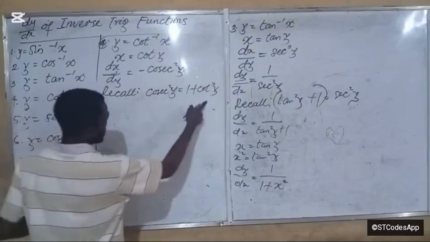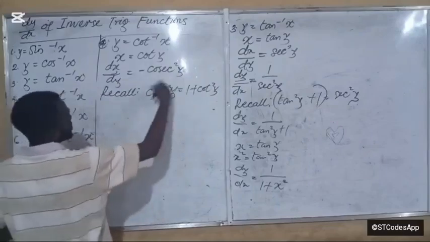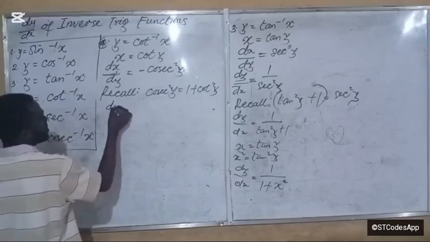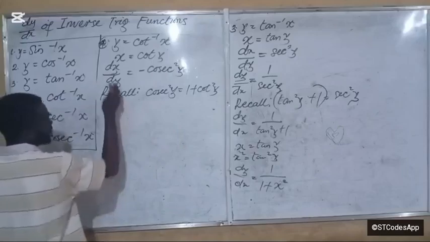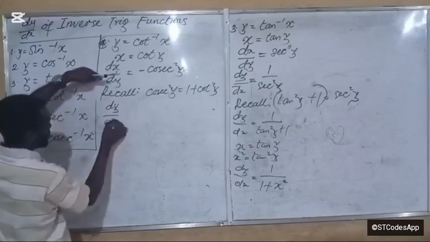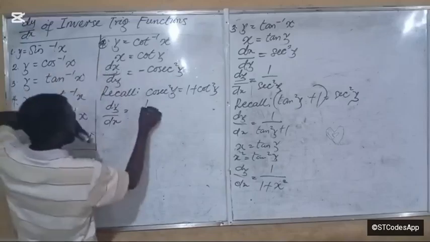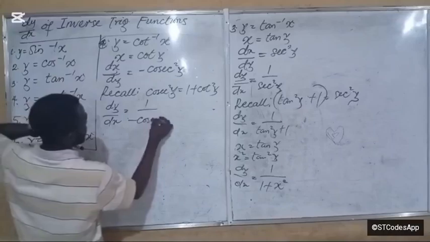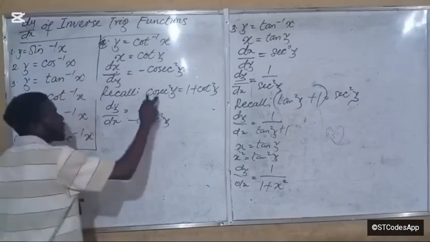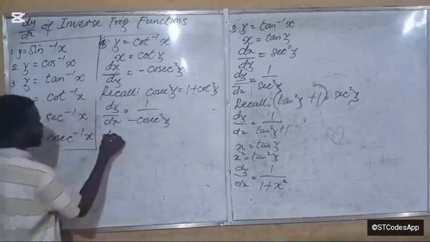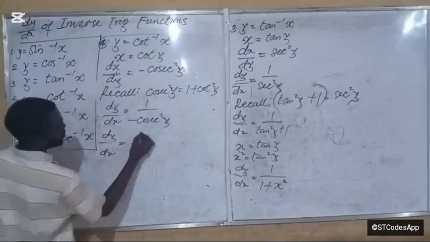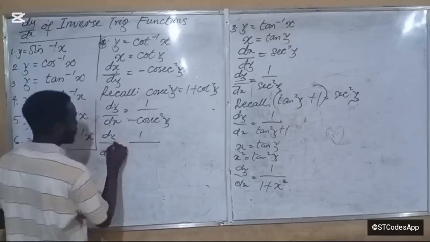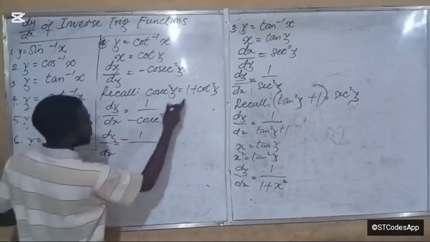So if this is correct, then we can already replace it here, so that dy/dx, that is the inverse, will be equal to the inverse of negative cosec squared y.